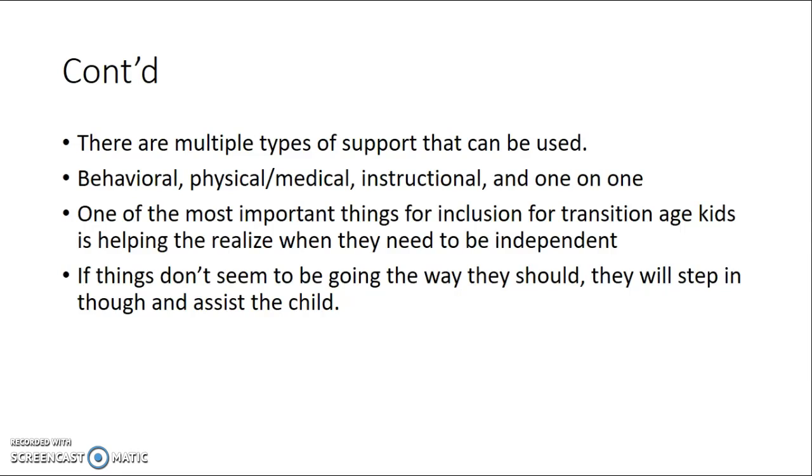And that comes about just by encouraging their independence in the classroom, and kind of like what I was saying earlier, just when they're in the community and doing tasks. If they're able to, they should be doing those tasks by themselves.